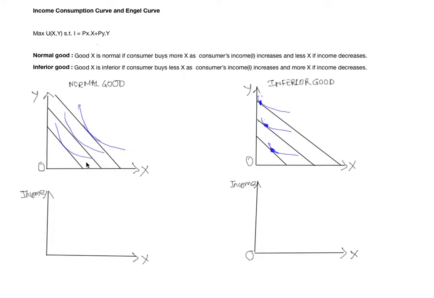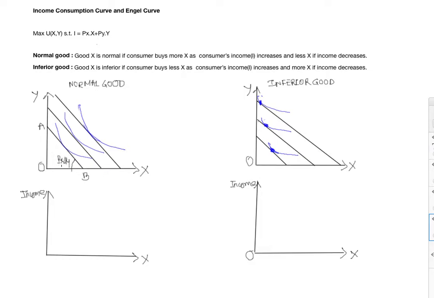Let us first consider the case of a normal good and try to use the consumer equilibrium graph to derive the income consumption curve and the Engel curve. So note what we have on this graph on the top panel. Let's name this budget line AB. This budget line has the slope, which is the price ratio.